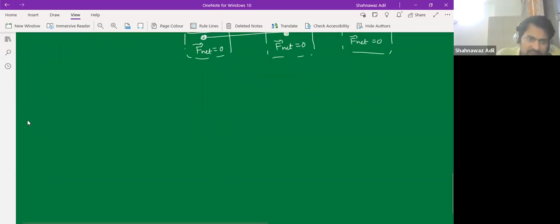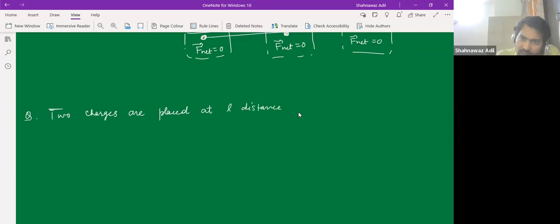So question is that same question. Two charges are placed at L distance apart with values plus q and plus 4q, right?